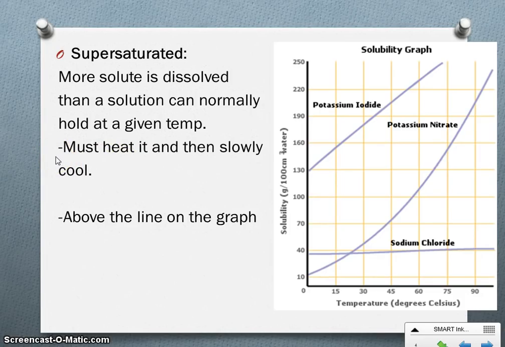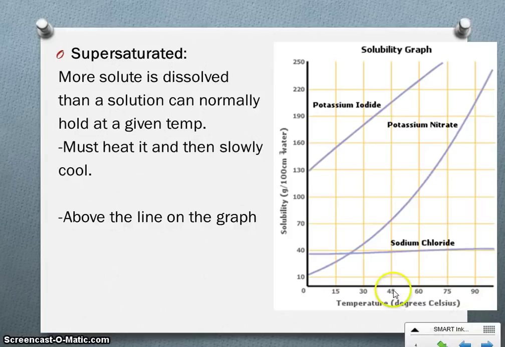It's holding more sugar than it normally would. Now, if you're looking at your solubility graph, this would be anywhere above the line. So in our potassium nitrate example, remember, here's our line, our saturation line. Anything below the line represents an unsaturated solution, and anything above that line represents a supersaturated solution.